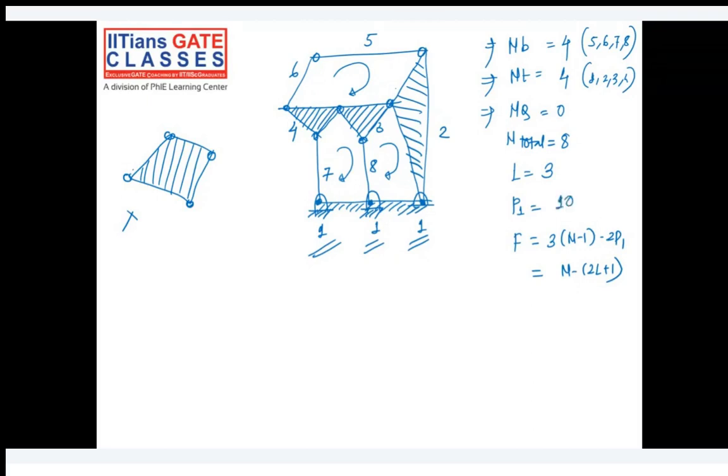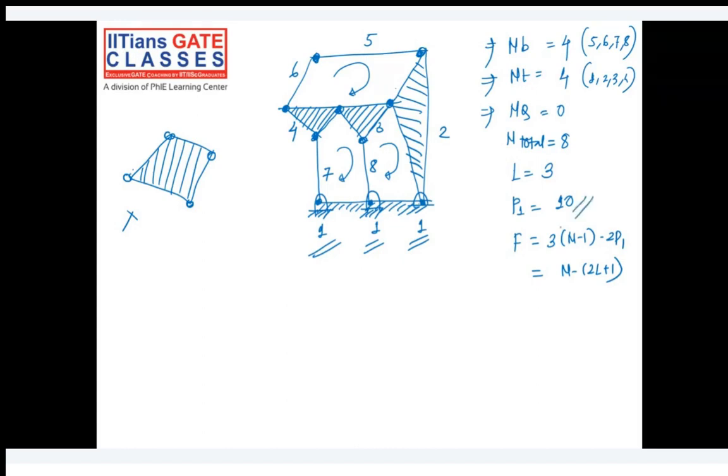Okay, you can count basically. So count all the joints. P1 you will get 10. 1, 2, 3, 4, 5, 6, 7, 8, 9 and 10. Okay, so basically you will have 10 number of pairs. So number of pairs are 10 now.